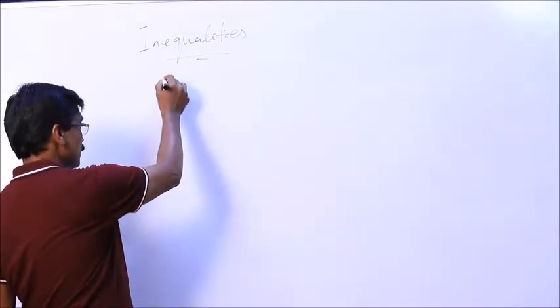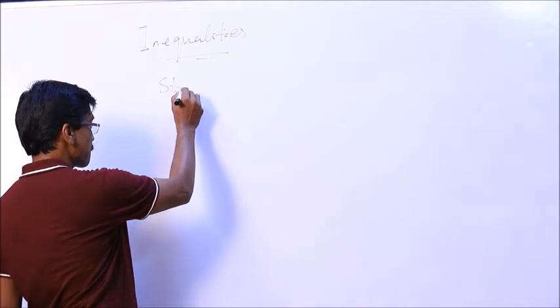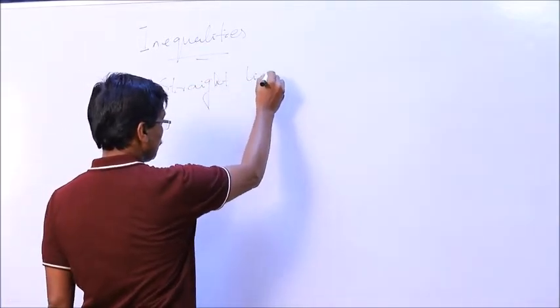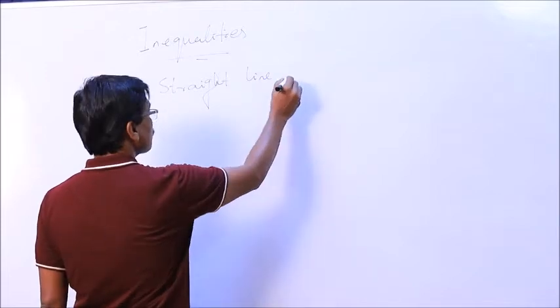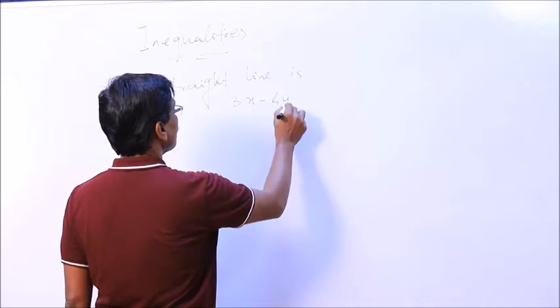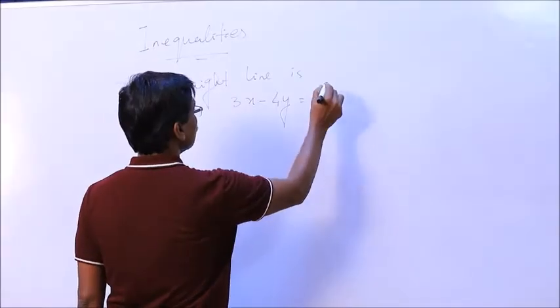Suppose an equation of a straight line is 3x minus 4y is equal to 12.